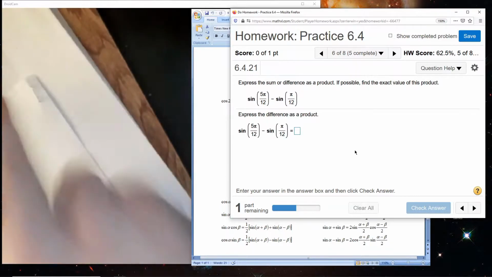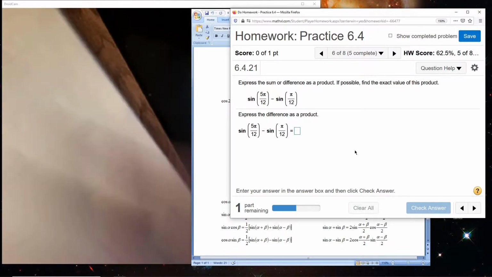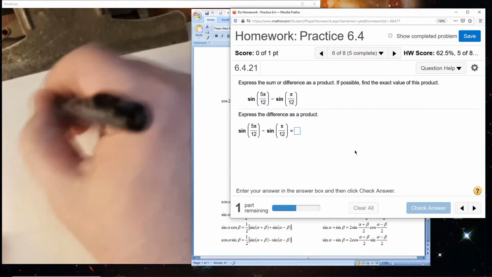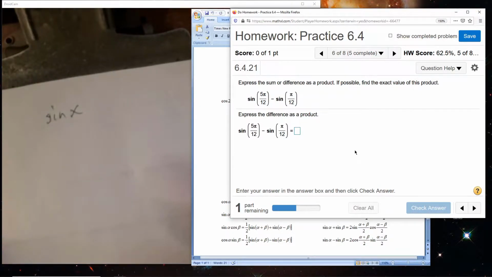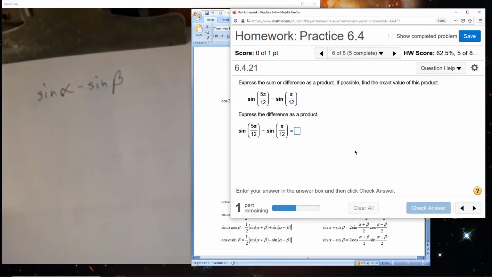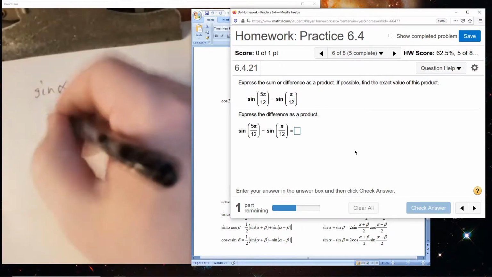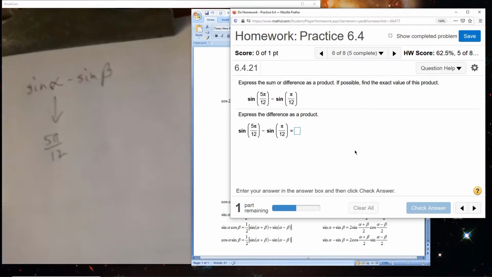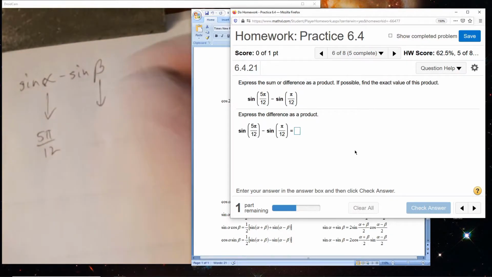And the same deal again. So we have sine of some number minus sine of some other number. We identify alpha then as 5 pi over 12 and beta as pi over 12.